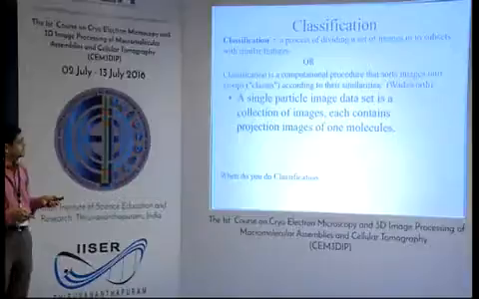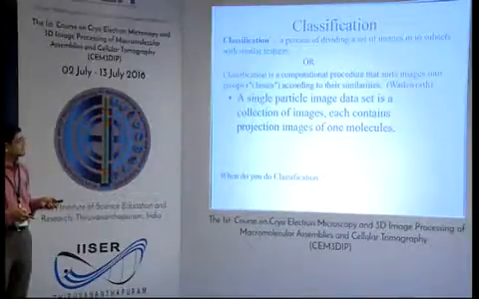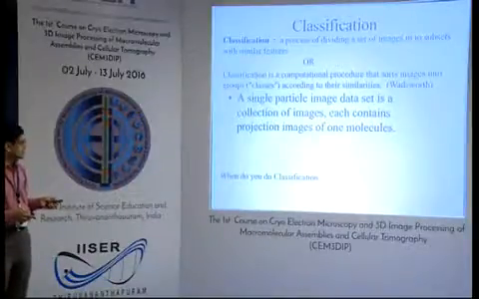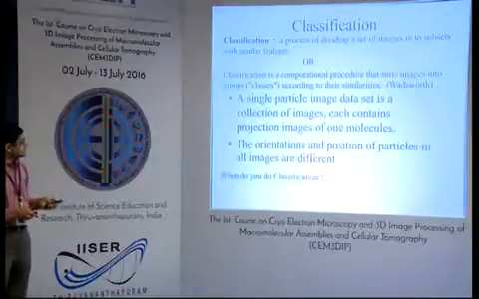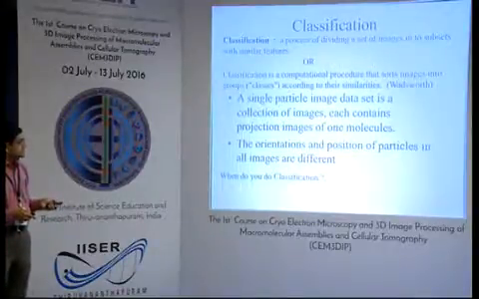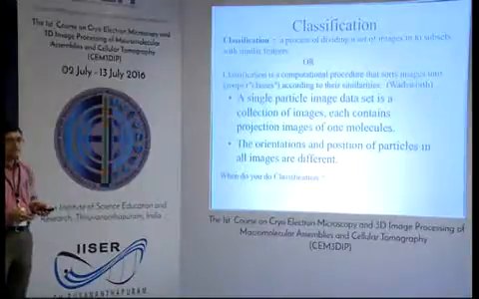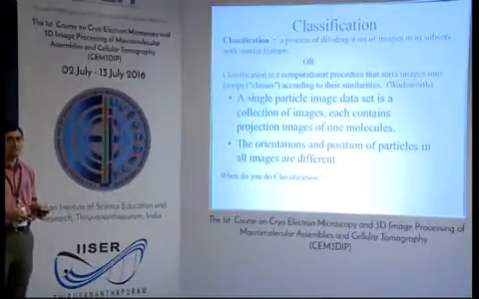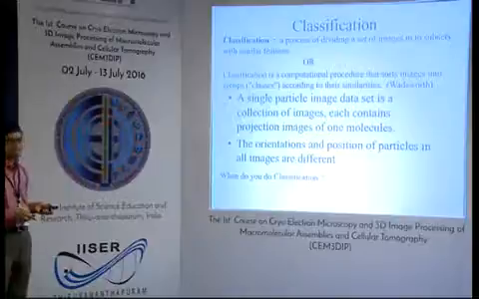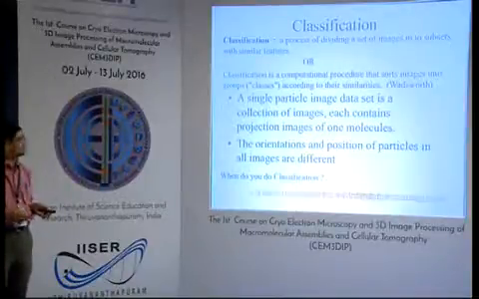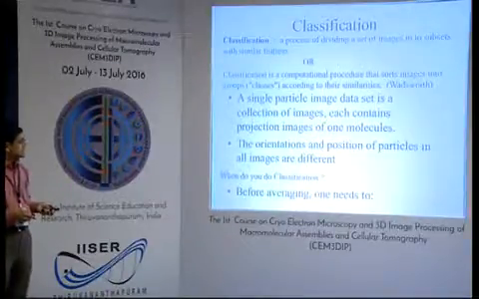So in single particle imaging, each projection image is collected, and the orientation and position of the particles in all images are very different. And we have to do alignment before we can do classification. So when do you do classification? It's at this stage, after you align.